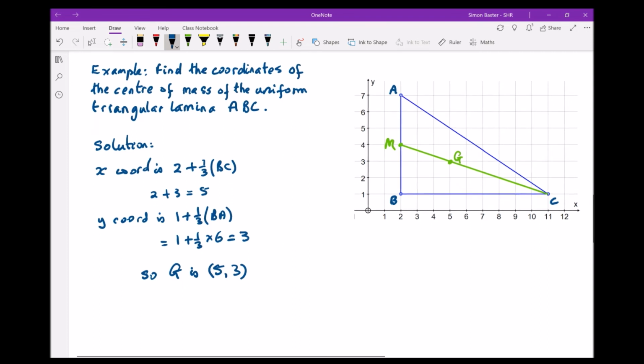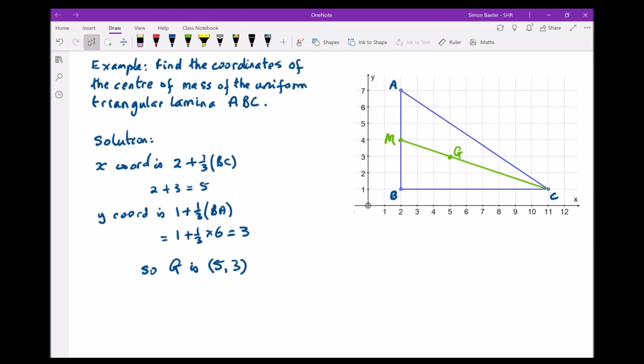Let's just see what happens if we use the other formula, that the vector r is 1/3 of the vectors a plus b plus c. Well, a is (2, 7), plus b is (2, 1), plus c is (11, 1).